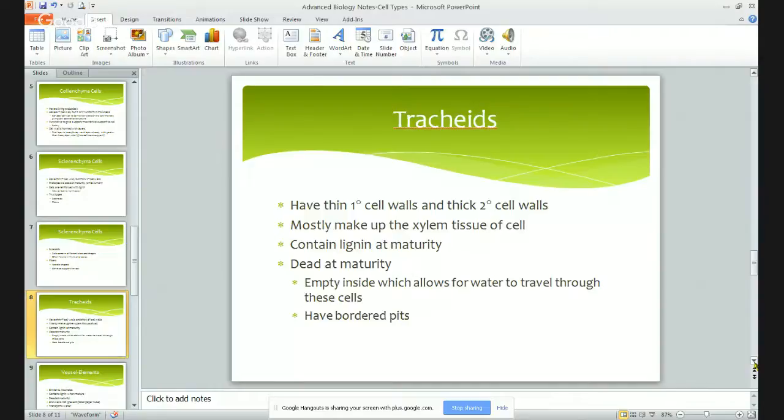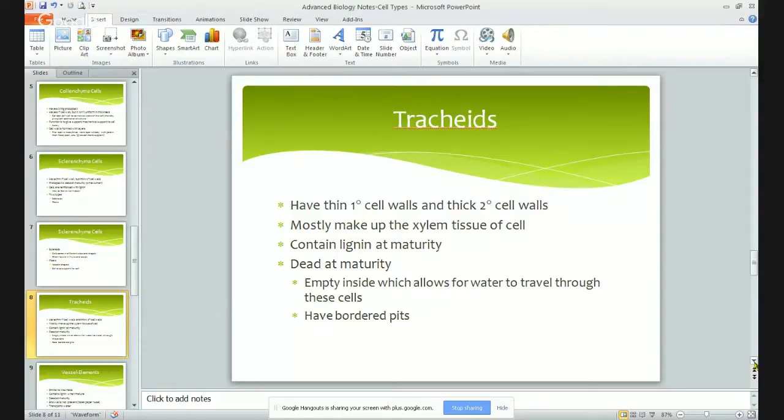These are going to have bordered pits, the pits that have the secondary cell wall curving around the pit. So those are going to be located up and down the tracheid itself.